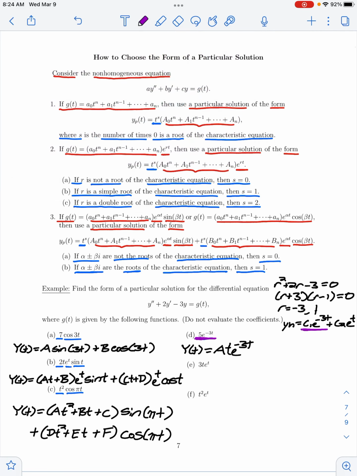Now looking at part E, we would have a linear term, 3t times e to the t. So our particular solution, capital Y, we might consider as a general linear polynomial, at plus b, times e to the t.